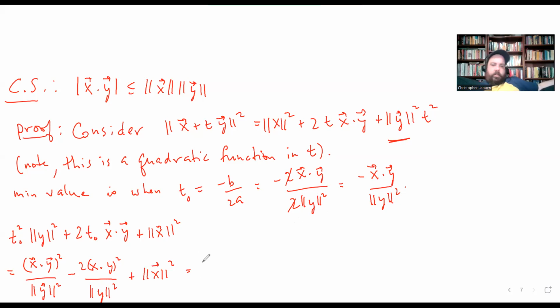And this gives you length of x squared minus x dot y squared over length y squared.